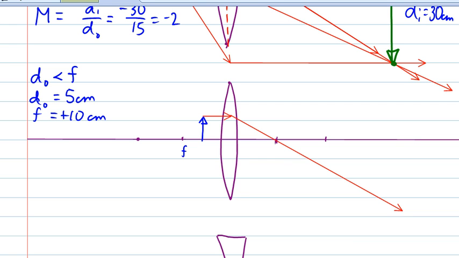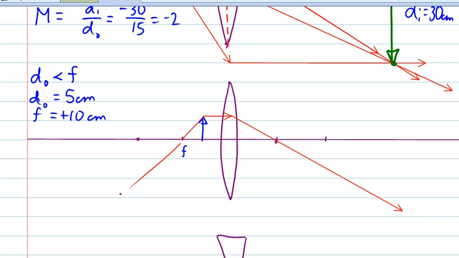Okay, so far so good. And then a ray that goes through the focus, well, we have the same problem as with a mirror. If I just draw that in, if I start at the tip of the arrow and go through the focus, it's going to head off this way to infinity.